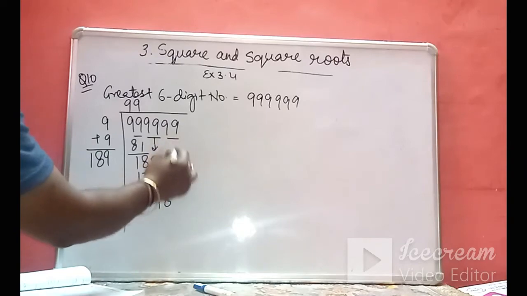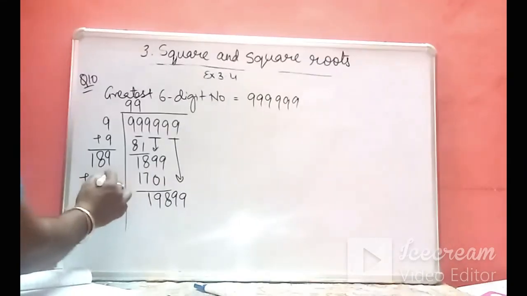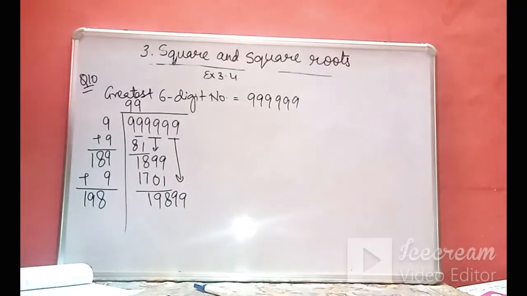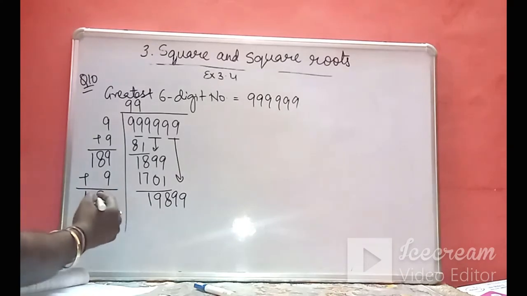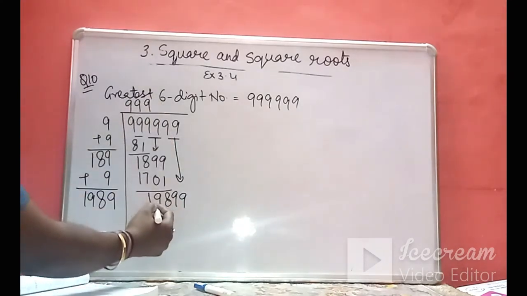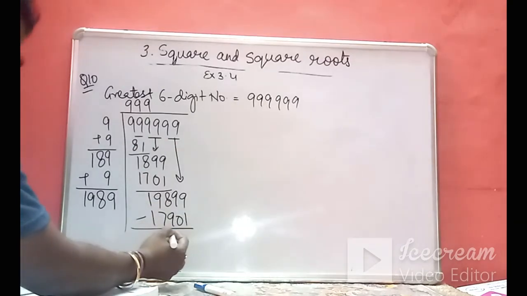Then again this 99 will come here, plus 9, 198. Then again I will put 9 here, so 9 and 17901, subtract it.